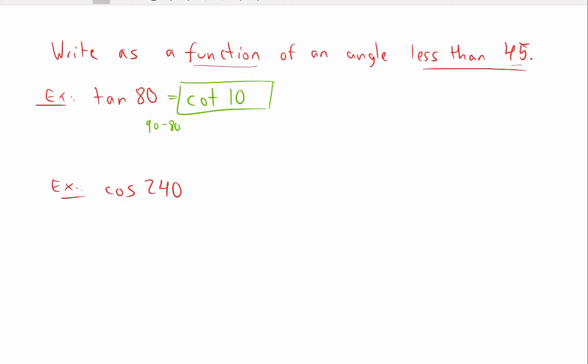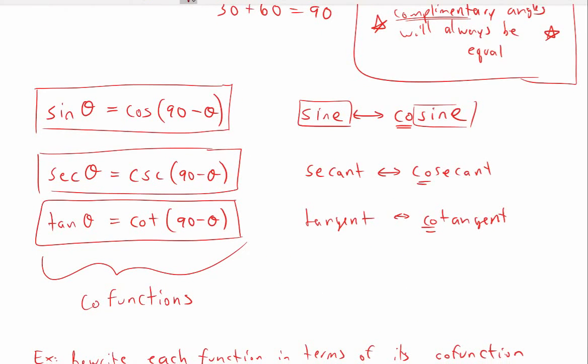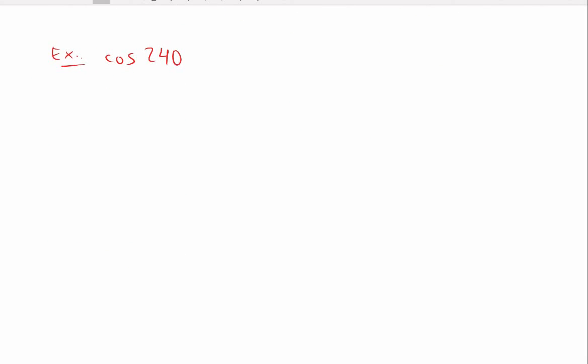So before we can even apply cofunctions, remember cofunctions are about complementary angles. Two complementary angles would both have to be less than 90 degrees. So that maybe should be a note that you make up here with our cofunctions, that these relationships apply only when theta is less than 90 degrees. So if we have an angle that's not less than 90 degrees, first we have to rewrite it so that it is less than 90 degrees. Of course, to do that, we're going to use our reference angles.